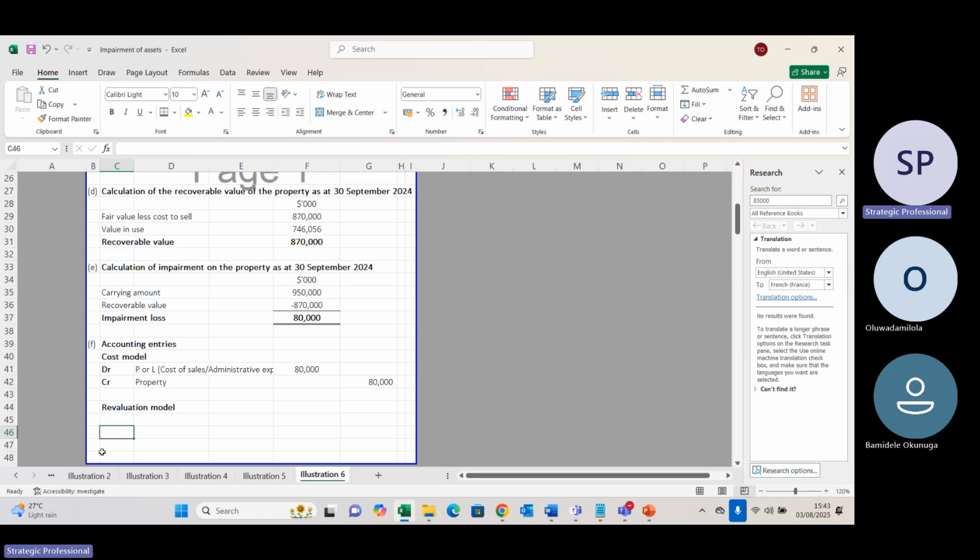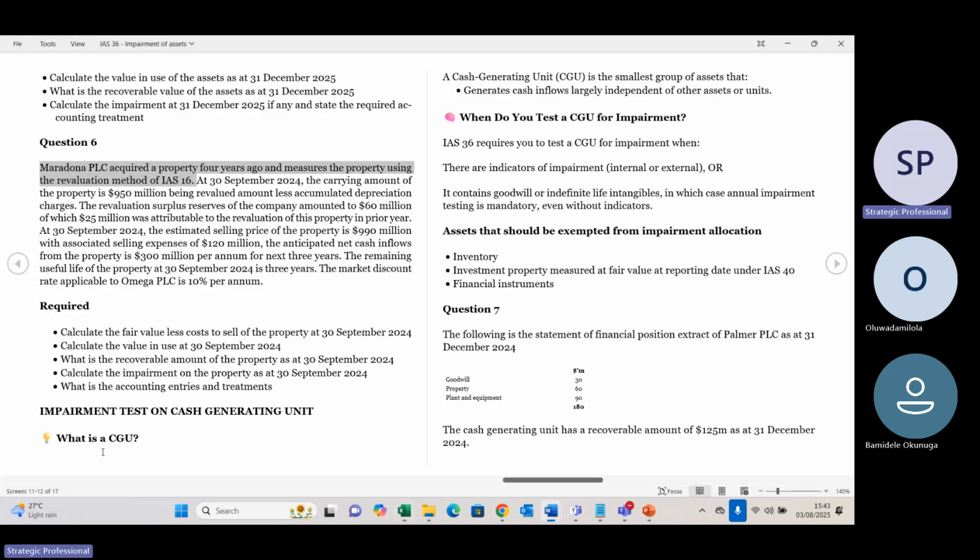Let me come again. Once there is impairment loss for a revalued asset, the impairment loss must hit the revaluation surplus account up to the extent of the impairment loss.